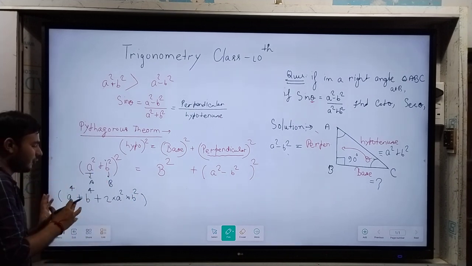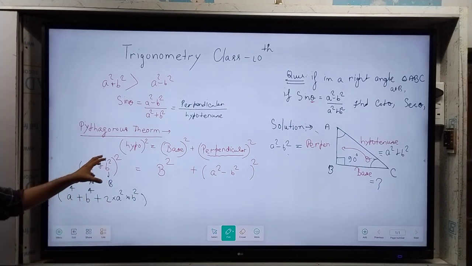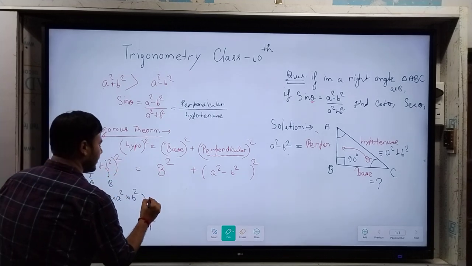This is the full explanation of a square plus b square total whole square.